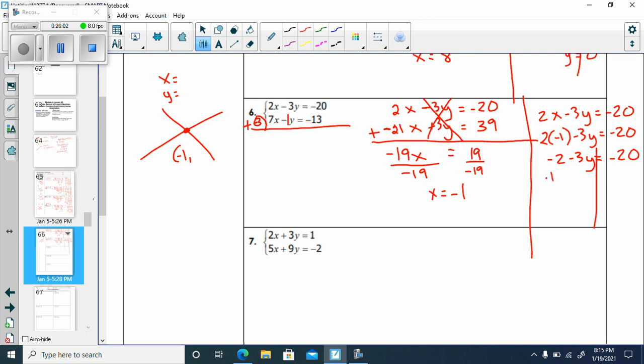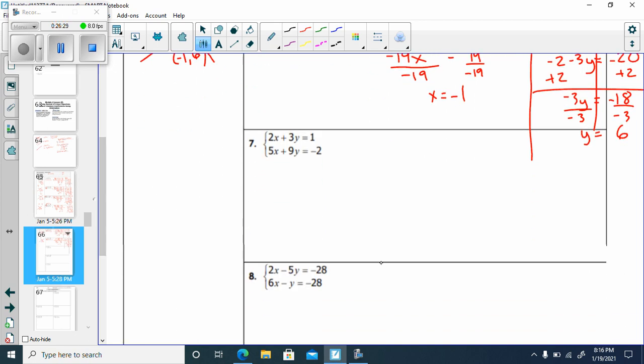Let's add 2 to both sides. Negative 3y is equal to negative 18. Divide both sides by negative 3. y is equal to 6. Okay? So our coordinates of the point of intersection is negative 1, 6. That is our solution for this particular problem.